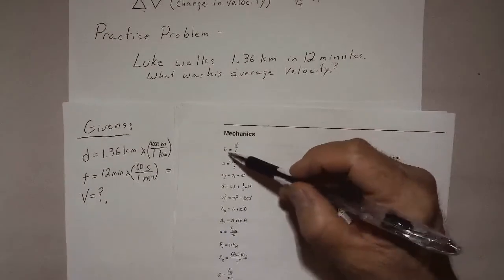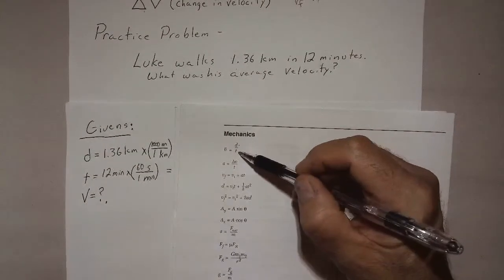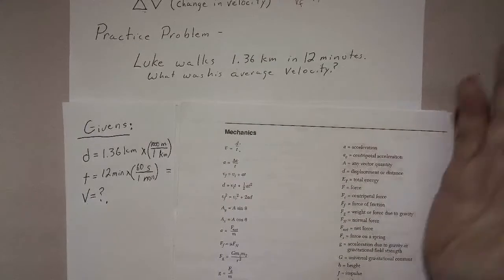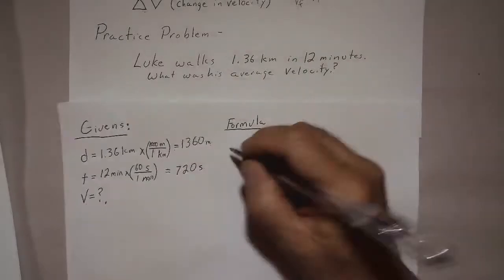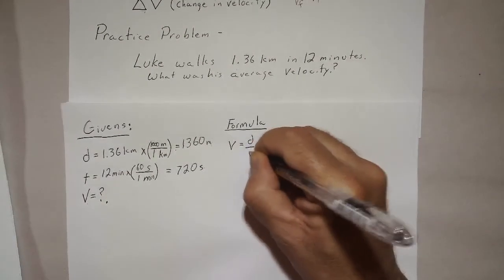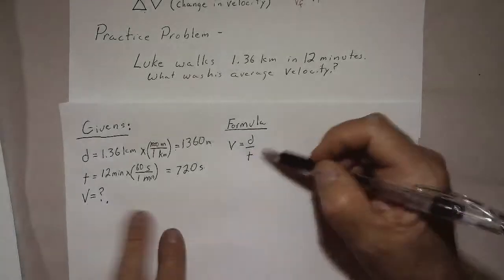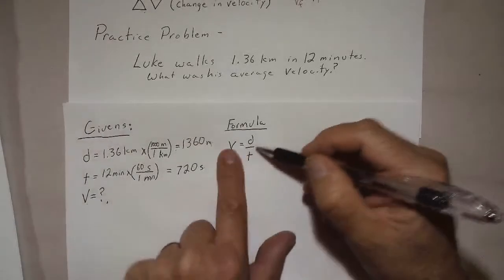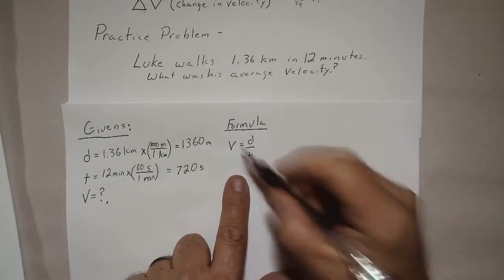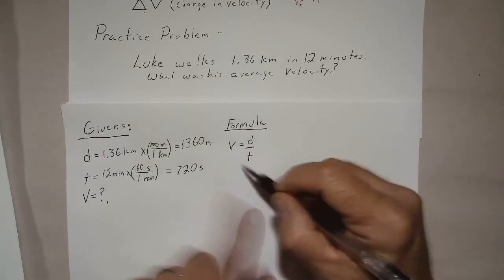And right at the top you have V equals d over t. That is in fact the formula we're going to be using. And you can see this is average velocity. Well, that's what we're going to be calculating. So V equals d over t. Do we need to rearrange that? If you need to rearrange that, you never, ever, and I repeat never, put numbers in and then rearrange it.